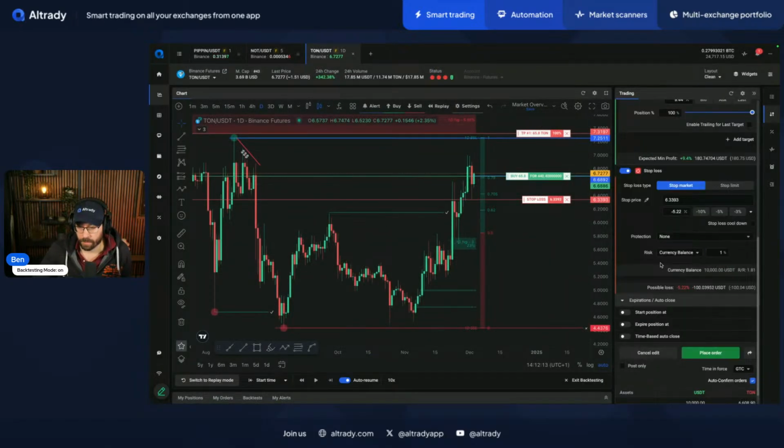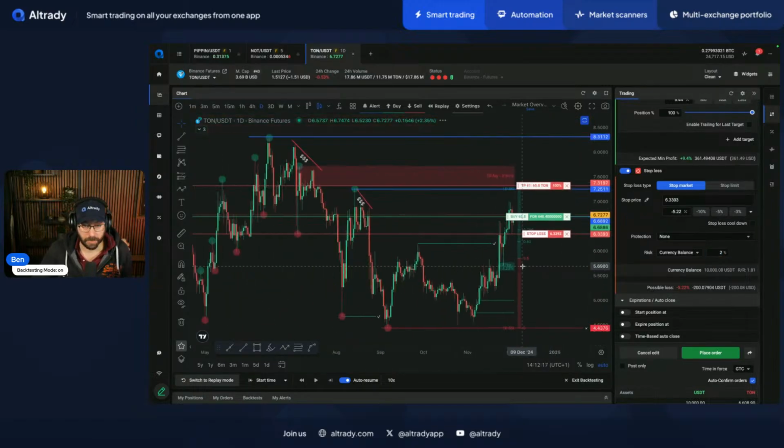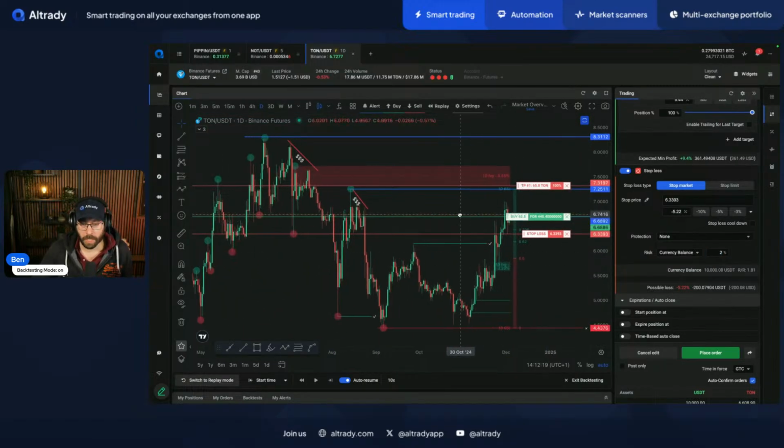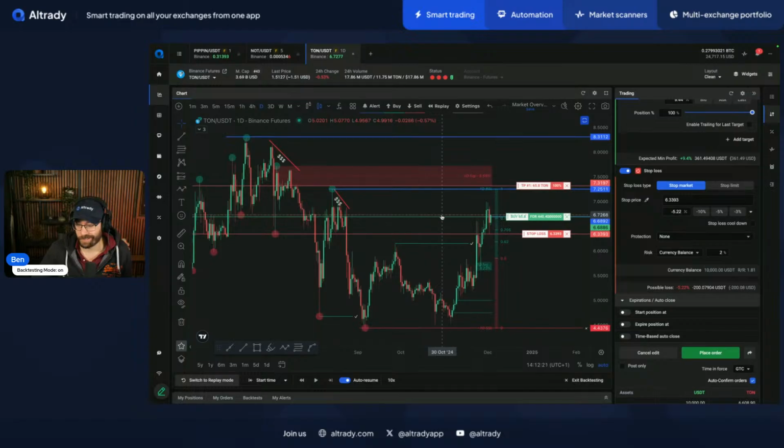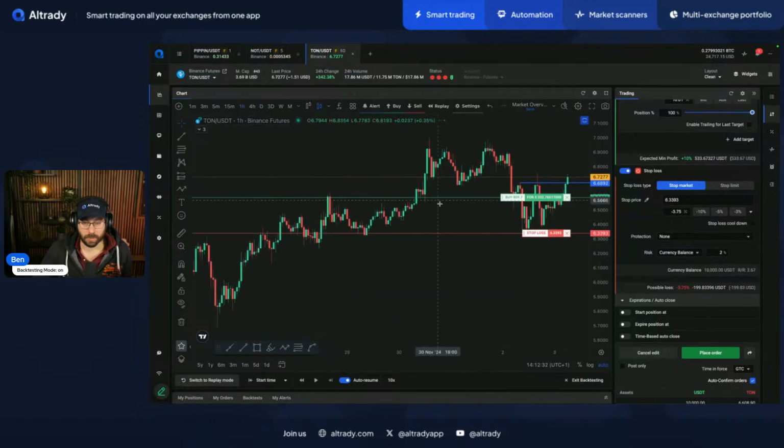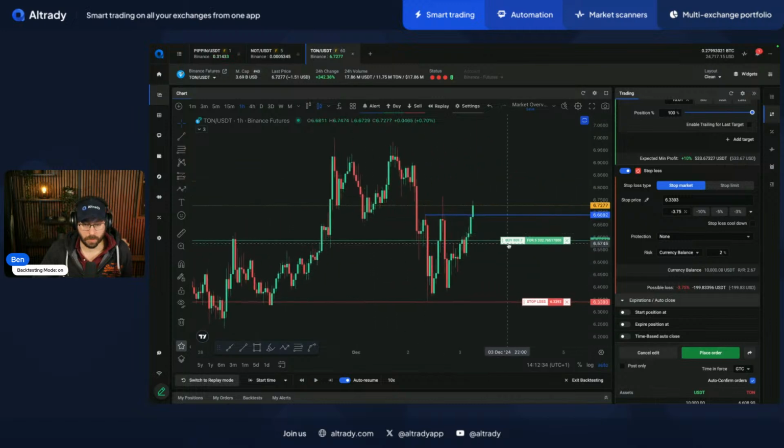And actually we can do 2% because we're trading on higher time frames. But my issue is that I'd like to target this one. Perhaps if we move this one a bit closer. Yeah, we're getting closer to a possible entry, but it is difficult.